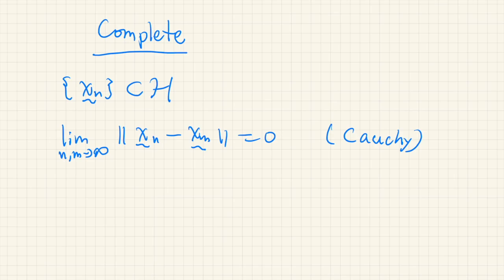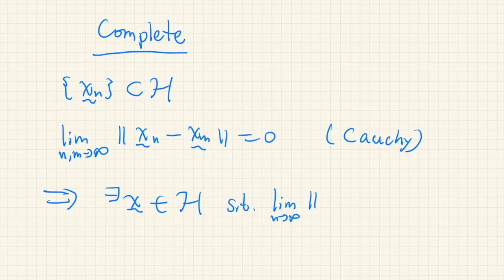And in a Hilbert space, if a sequence is a Cauchy sequence, then there exists some element x in the Hilbert space such that the limit as n goes to infinity of the difference between xn and x converges to 0. In other words, the limit of the sequence is x.